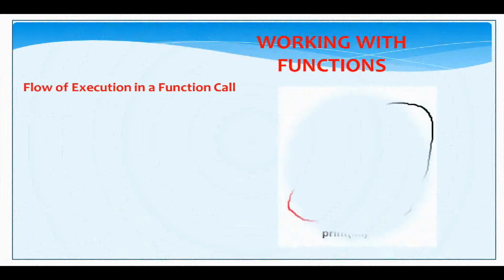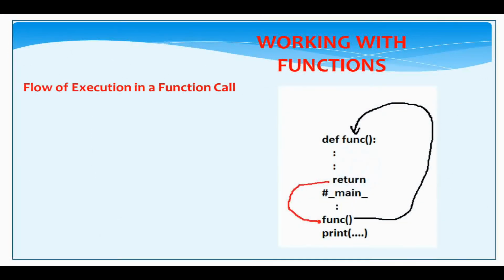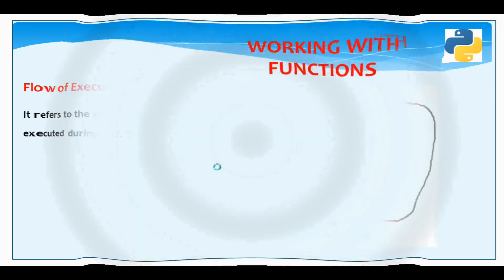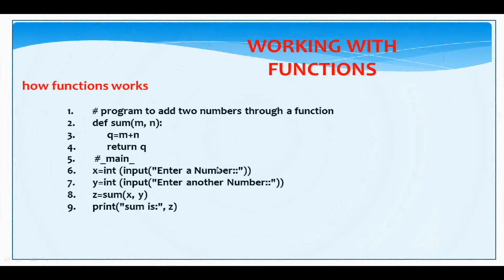Flow of execution in a function call. Whenever we call a function in a program, the flow of execution refers to the order in which the statements are executed during a program run. For example, I am showing you how the functions work and how the execution will flow. This is your same sum program.